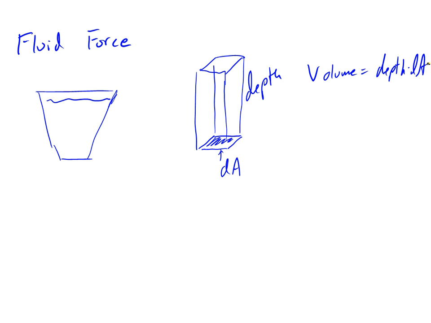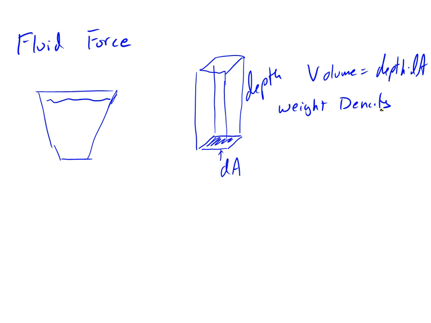If I then multiply that volume times the density, that's the weight density as opposed to mass density.